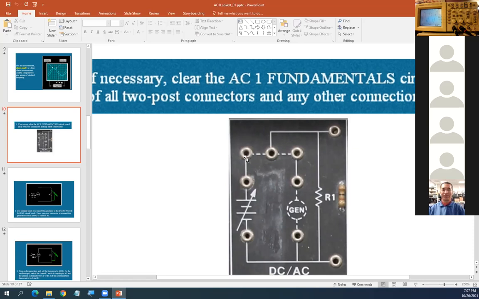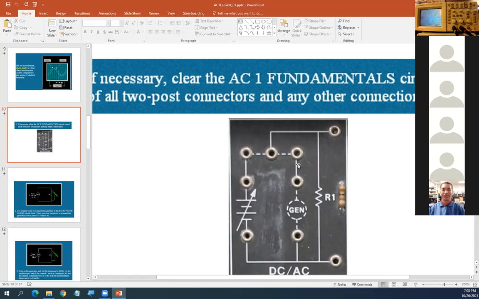If you connect the output of DC power supply into the output of the generator, you cook the output resistance of the generator. So you cannot connect both. Either you go this way or you go this way.